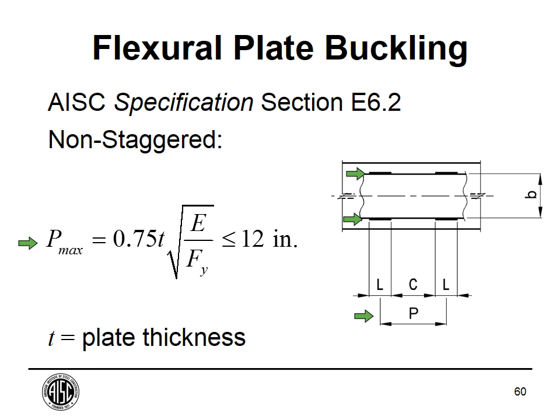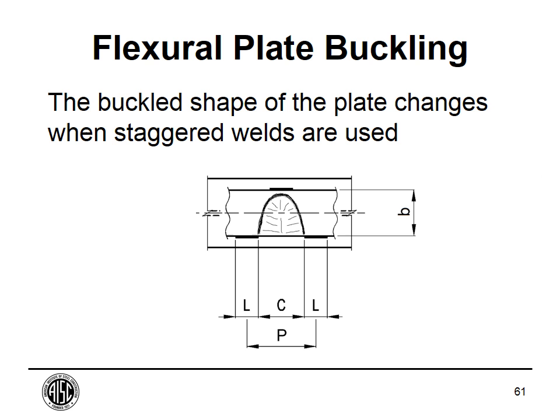So let's move on. What happens if you put staggered stitch welds? It's a little bit more trouble maybe to measure it all out, and I'm not going to get any great artwork awards for this picture. I tried to freehand a buckle shape of what happens. You know, you've got your stitch welds once here, and then you stagger the next one over like I've got shown here. So this buckle shape is now going to be more of a local buckle in that plate rather than a flexural buckle, which is kind of a column type buckling.